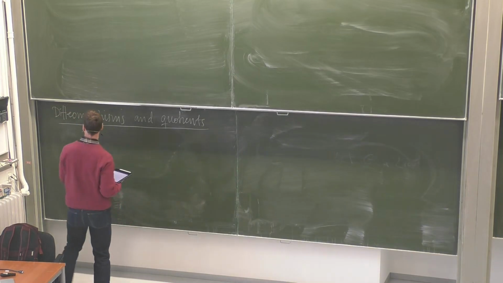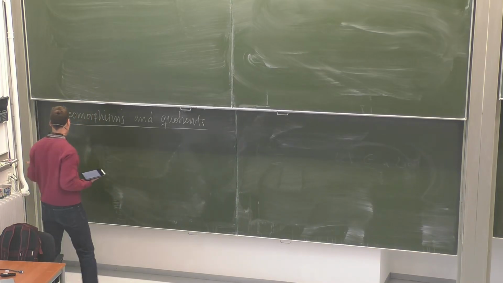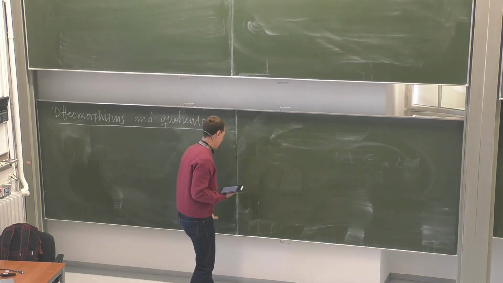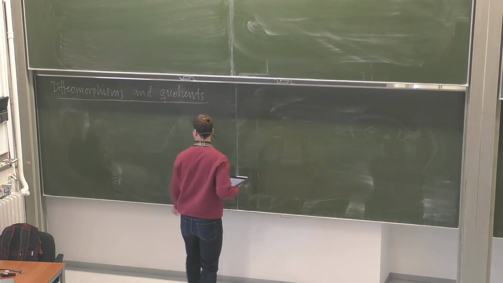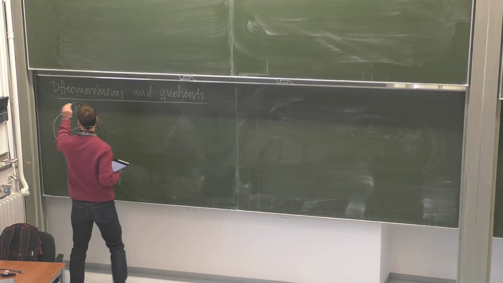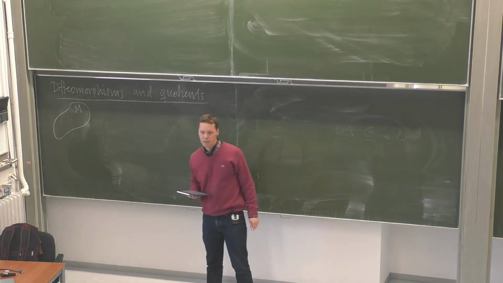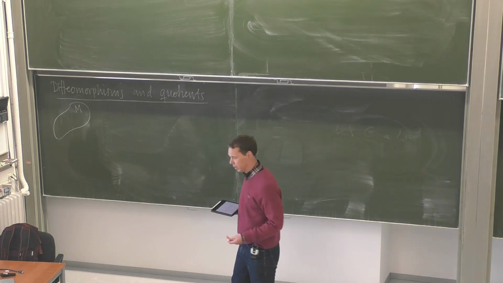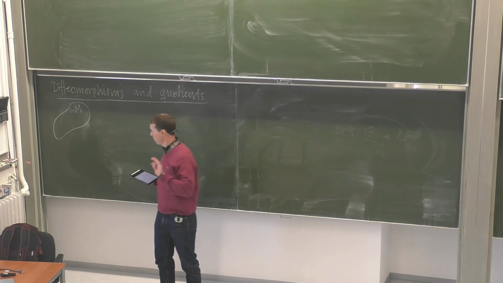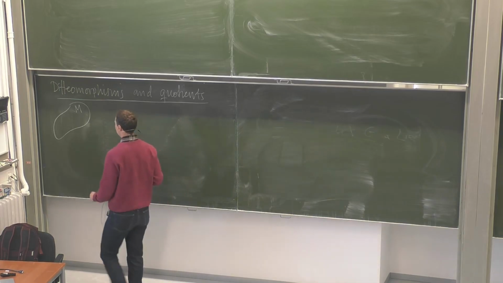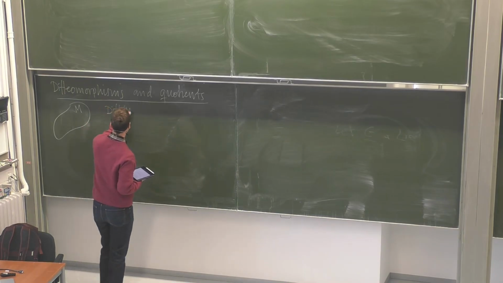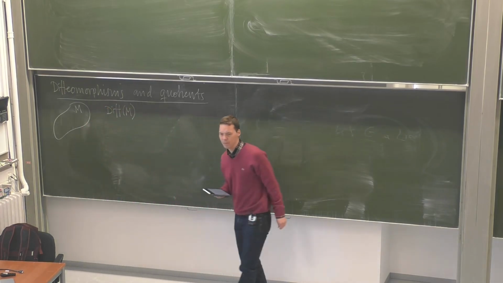So I will imagine we start with a compact manifold, M, and I make it compact because then it's a little bit easier to work with. We can also say that it has no boundaries and make it even easier. And I'm looking at the space of diffeomorphisms, smooth, invertible maps from M to M.